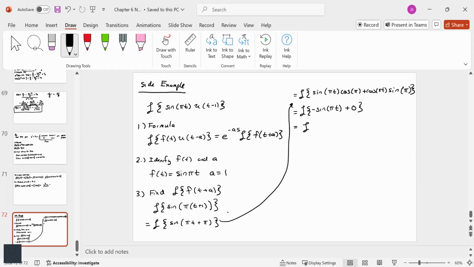And so this is equal to the Laplace transformation of negative sine of pi t. And then that right there will be equal to negative, and then this is a, so negative a over s squared plus pi squared. And that's our Laplace transformation. So now we have that. And then step 4 is to plug into the formula.